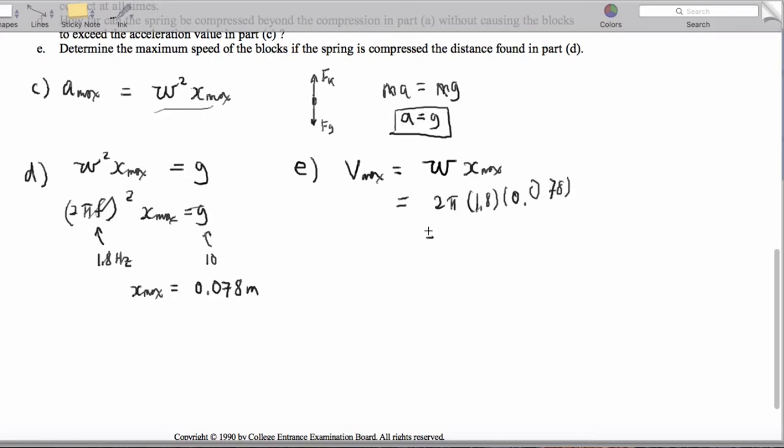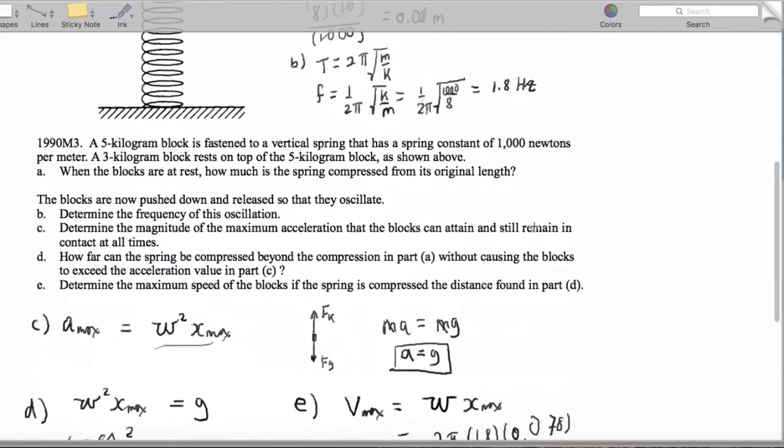And that's going to give us 0.87 meters per second. All right. So that is our answer to this harmonic oscillator problem.